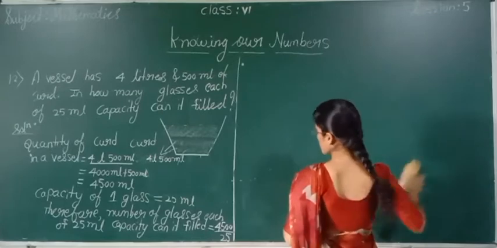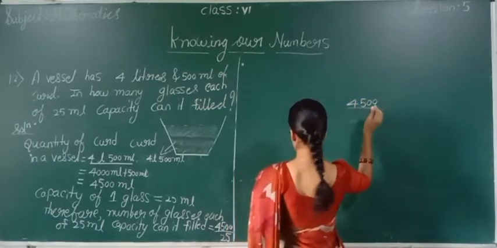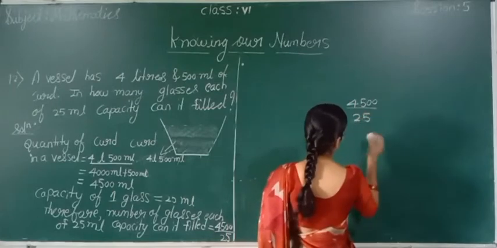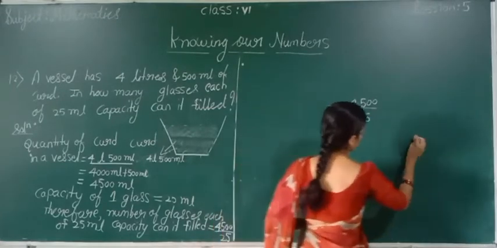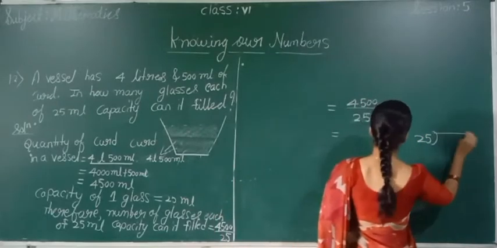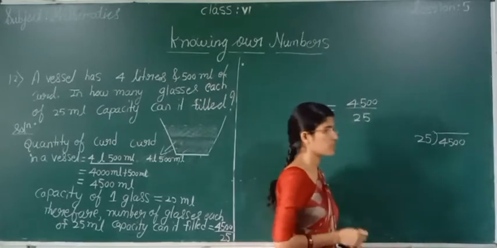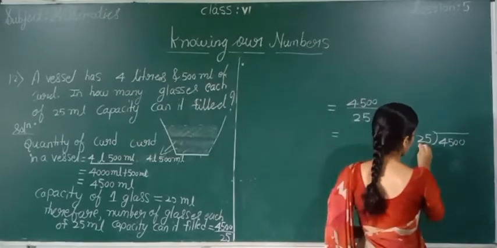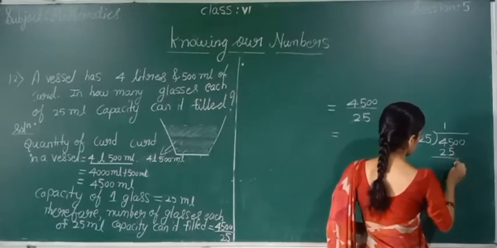Now see here, students, we will do 4,500 divided by 25. What will it become? 25 into 4,500. Okay, now see here, 25 ones are 25. 5 minus 5 is 0. 4 minus 2 is 2.